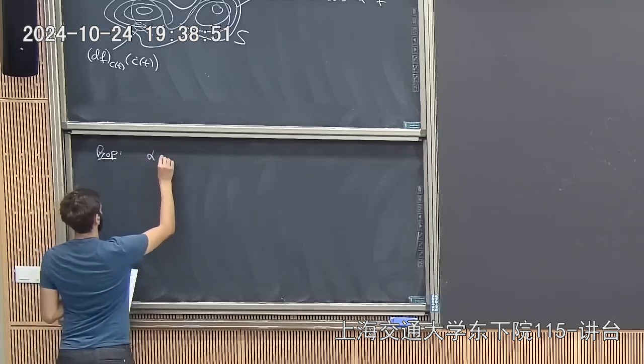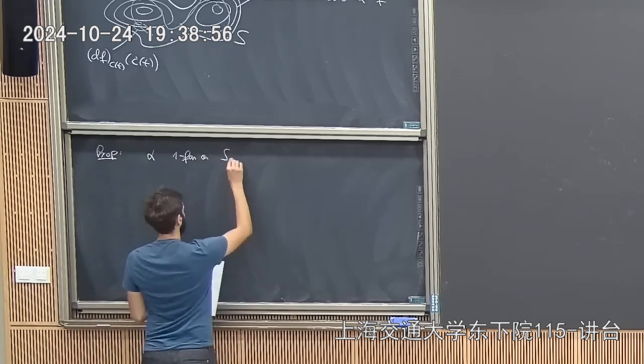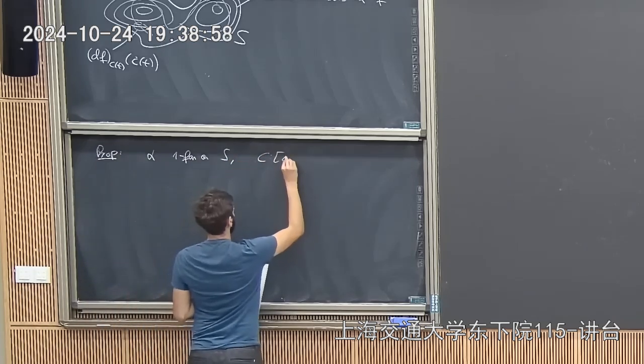reparameterize. So let's say we have a one form on S and a smooth curve.